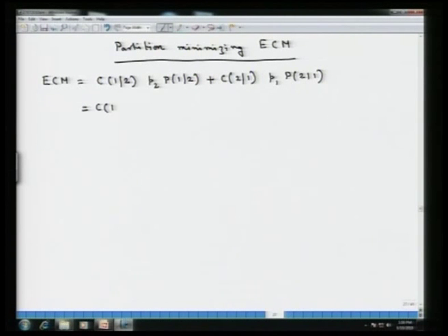Now, in terms of the partitions R1, R2, remember we are talking about a partition of the sample space. It is going to divide the sample space into regions R1 and R2, wherein if x belongs to R1, then we classify it into pi 1, and if x belongs to R2, then we classify it into the second population, that is, the pi 2 population.